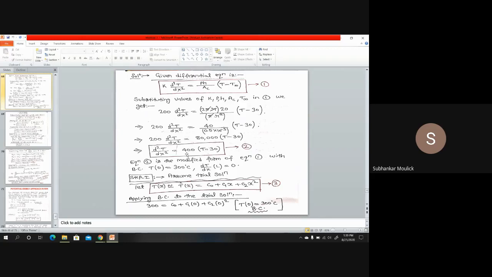Now the next step is which order polynomial equation we will take, whether we will take the linear polynomial equation, or we will take the quadratic polynomial equation, or we will go for cubic polynomial or some higher order polynomial. So can anyone say which order polynomial expression we will use as a trial function?